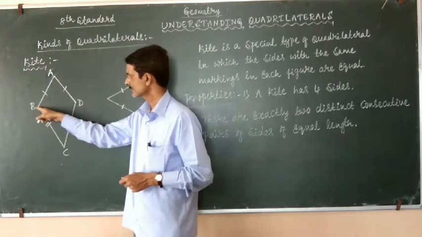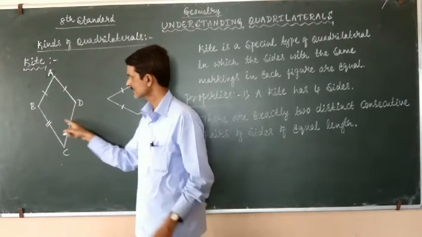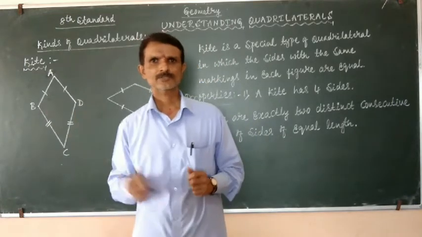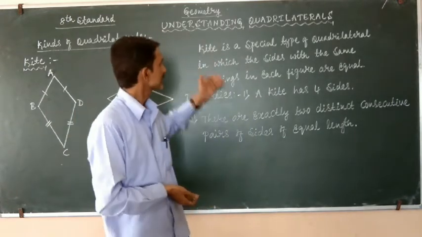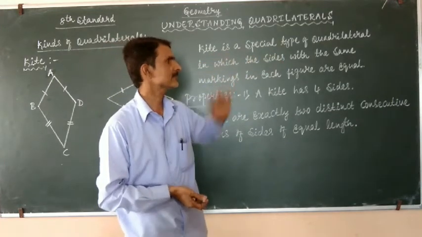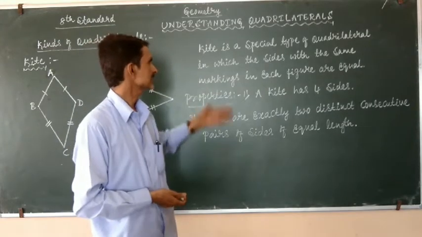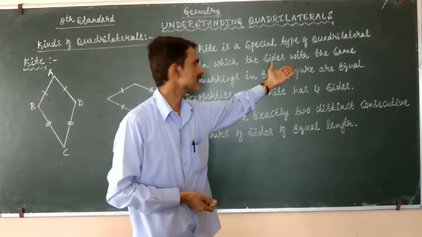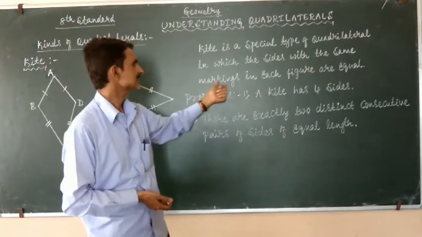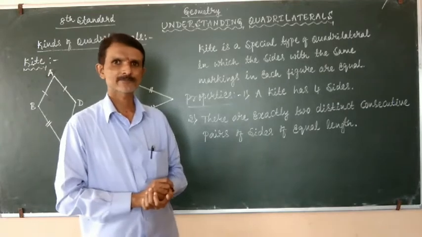And if you observe the length of side BC and CD, these two are equal. Therefore, students, we will define a kite as a special type of quadrilateral in which the sides with the same markings in each figure are equal.